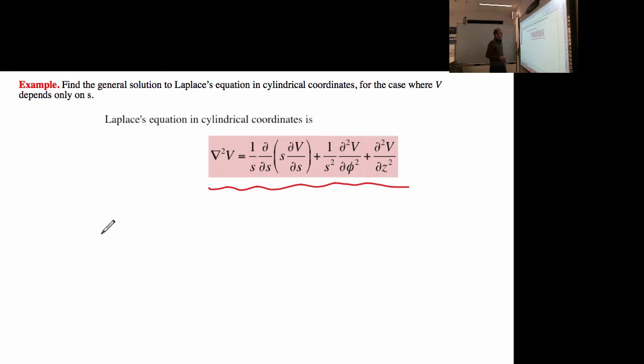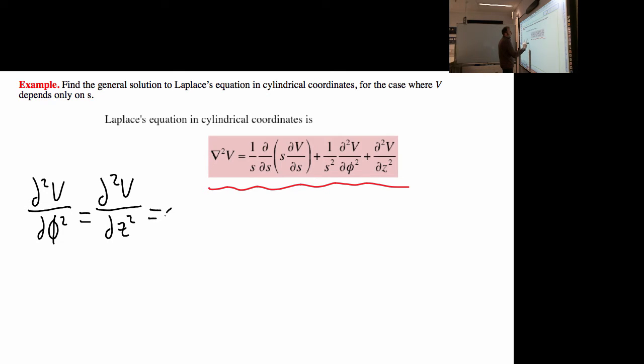And since the potential depends on s only, what we can write is that the phi derivatives equal the z derivative, and these are going to be equal to 0.